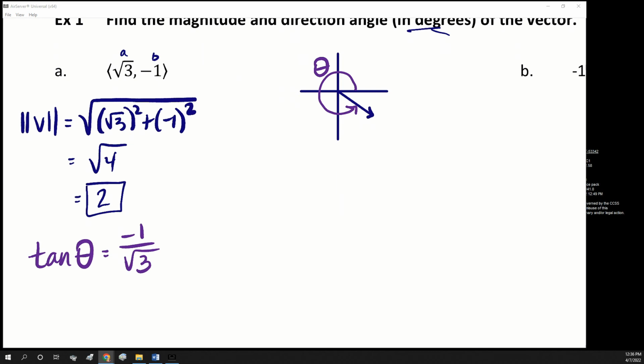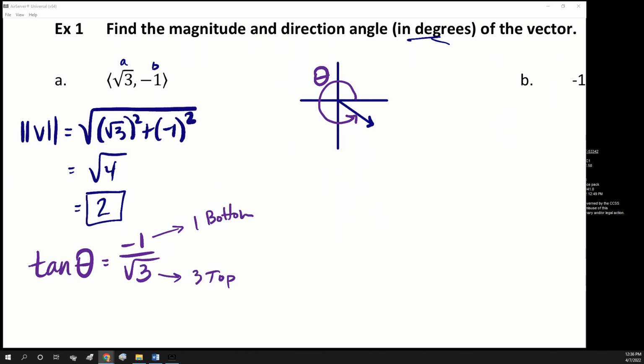What does that mean for the hand trick for tangent? One bottom, 3 top. What finger is that for degrees? 30 degrees. Is that angle 30 degrees? No. So we want 30 degrees in quadrant 4.